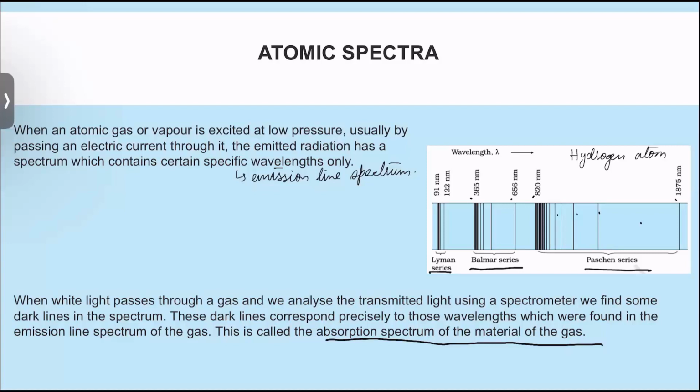This emitted radiation will show a spectrum, with signatures at certain specific wavelengths only. Such a spectrum, as already mentioned yesterday in the last class, is called emission line spectrum.